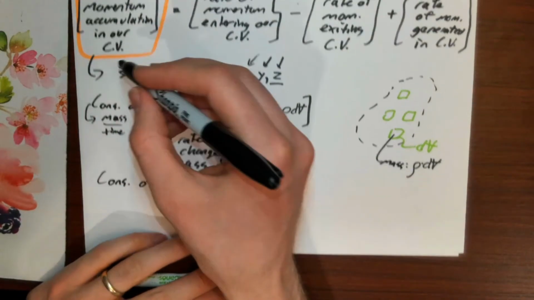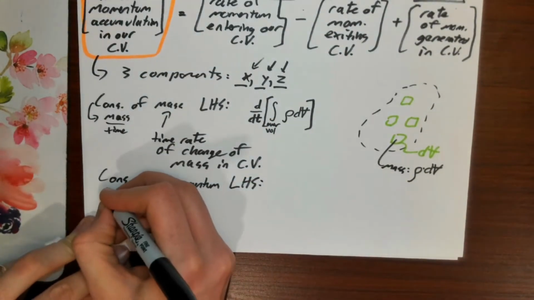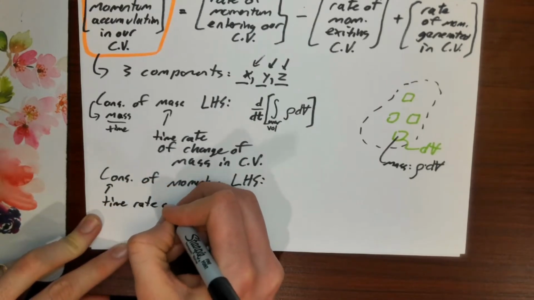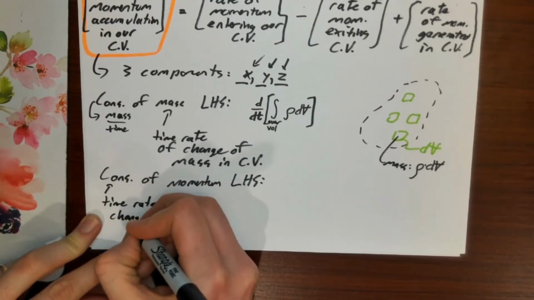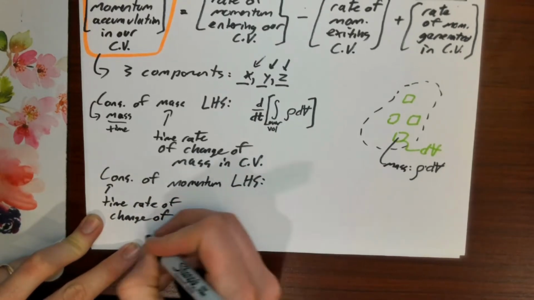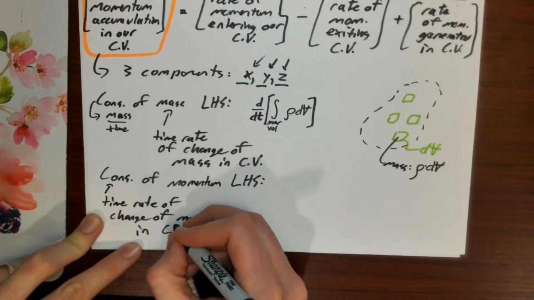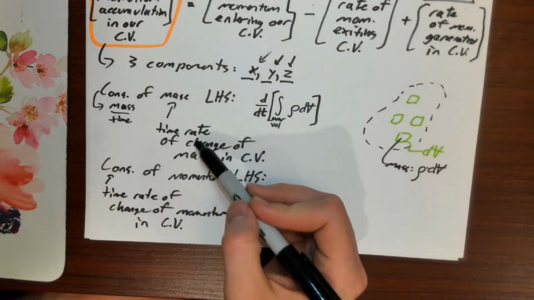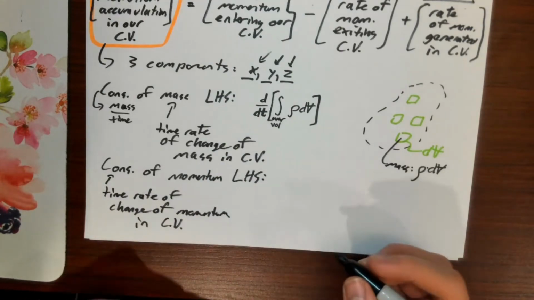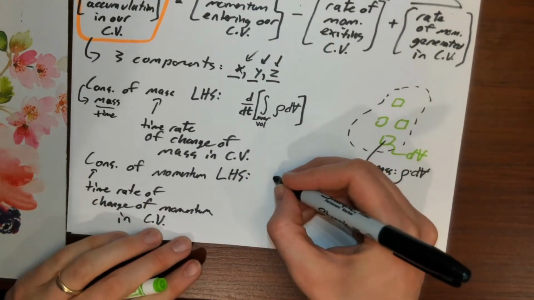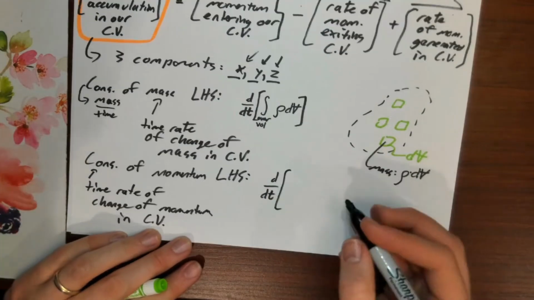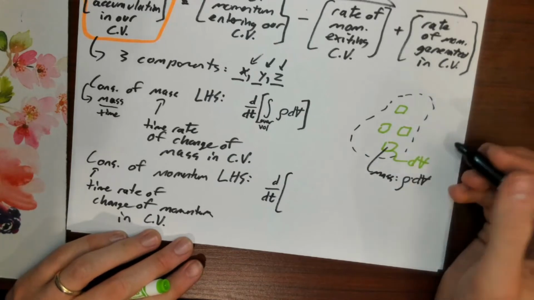For conservation of momentum, we anticipate this to be the time rate of change of momentum in our control volume. So in the same way that the left-hand side was time rate of change of mass, the left-hand side is going to be time rate of change of momentum for conservation of momentum. Ready for it? It's d/dt, right? So it's still a time rate of change, and it's applied to a control volume in a very similar way to this one.